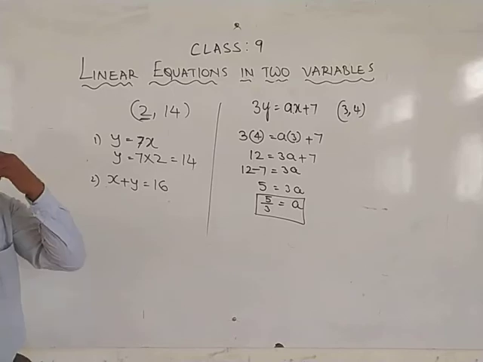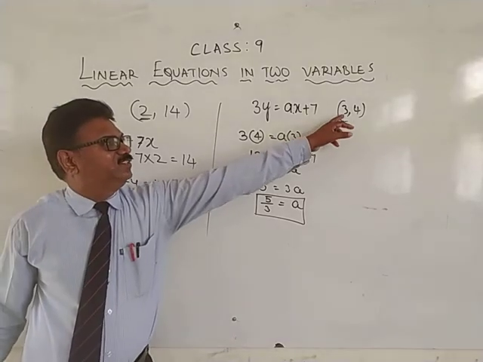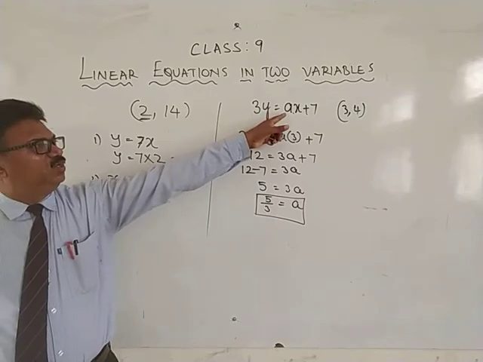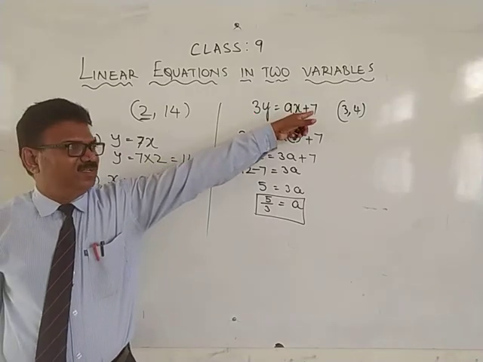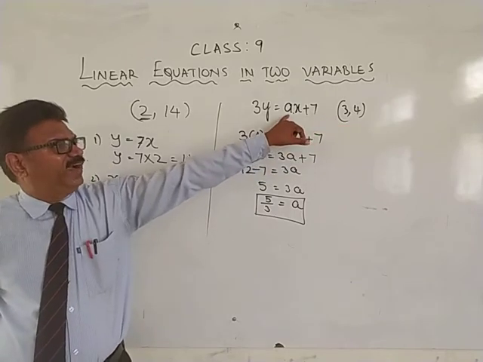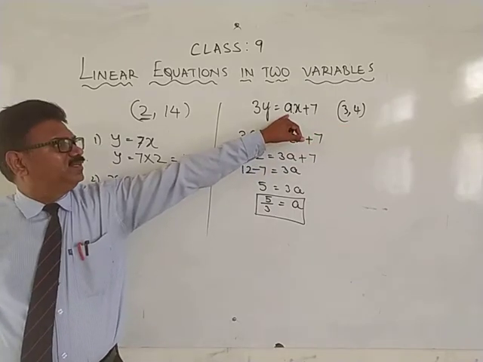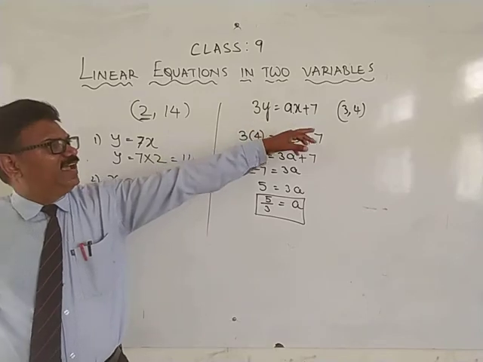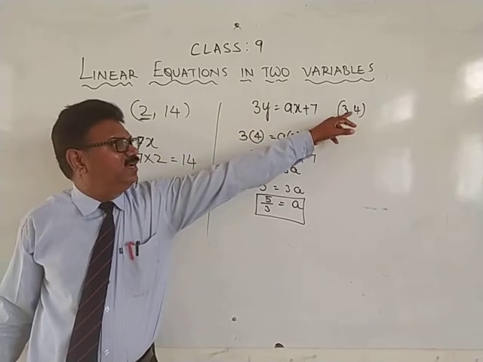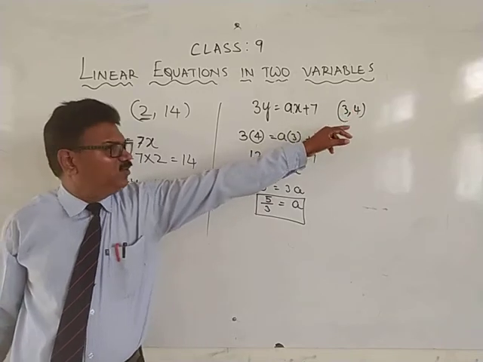See one more time please. A line is passing through 3 and 4. The equation is 3y equal to ax plus 7. That means what? He has given the values of x and y and we should find out the value of a. Now 3 into y value is 4, because first value will be the x value and second will be the y value.